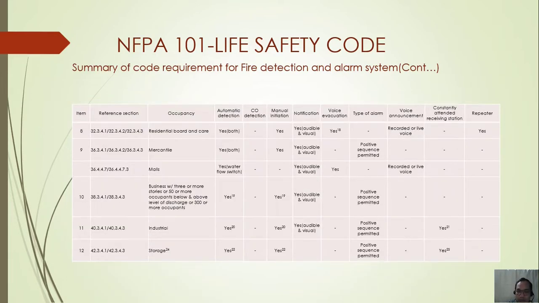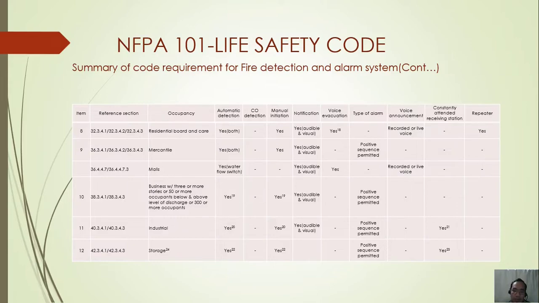But if you will have a fire detection and alarm system, rather than having a smoke alarm only in the sleeping room, then you may also consider providing those sleeping rooms with the smoke detector and at the same time with a sounder.